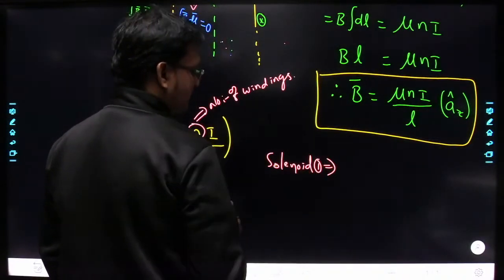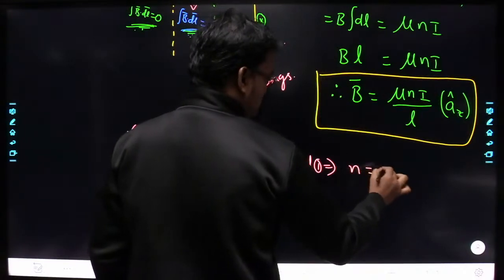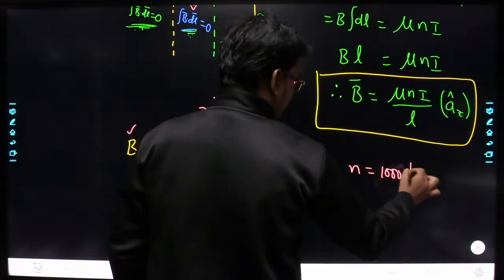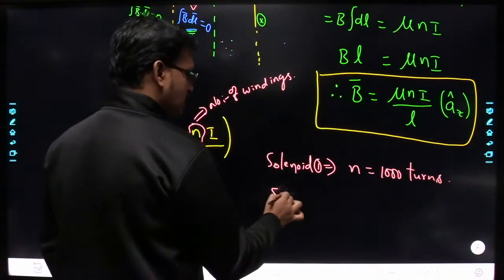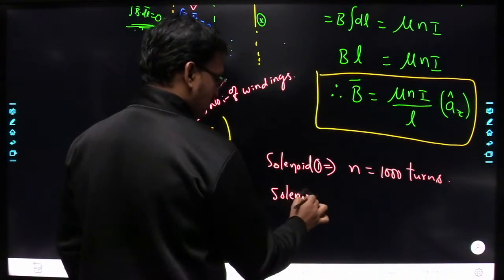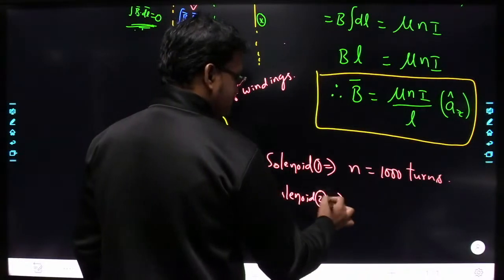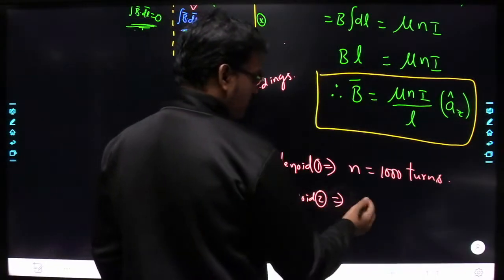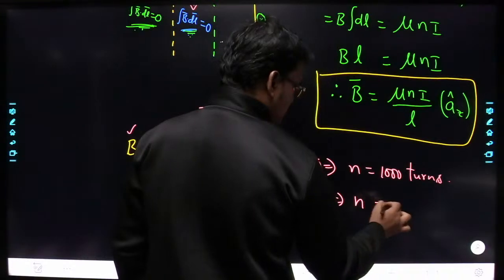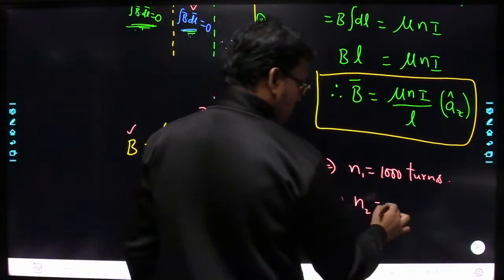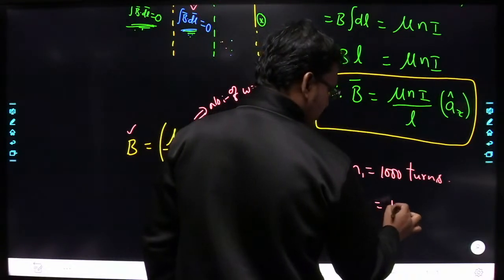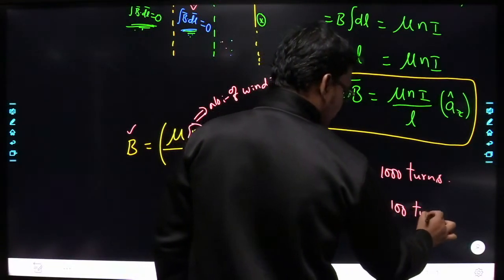For solenoid 1, let us say I have given n equal to 1000 turns. Next, I have considered another solenoid, let us say n2 equal to 100 turns.